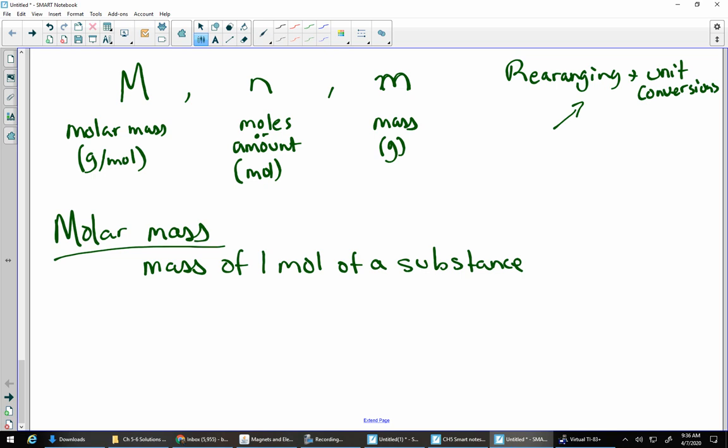I guess we should also talk about moles or amount. Remember, moles are just a number: 6.02 times 10 to the power of 23 of anything, just like a dozen is 12 of anything. So we're looking at the mass of 1 mole, so 6.02 times 10 to the power of 23 of anything. So the mass of a particular amount of something.